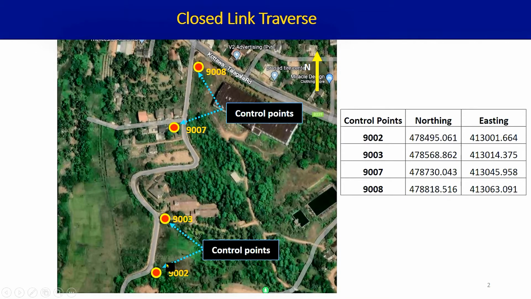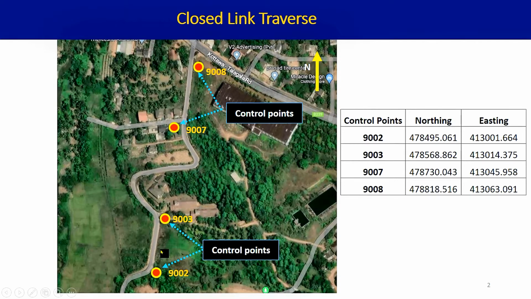These 9002, 3, 7 and 8 are the standard codes that we are going to use to identify the control points. These were established using DGPS, or what we call global navigation positioning systems, and we are going to use them throughout the project to collect the details.